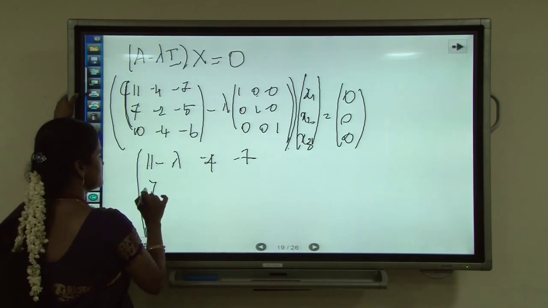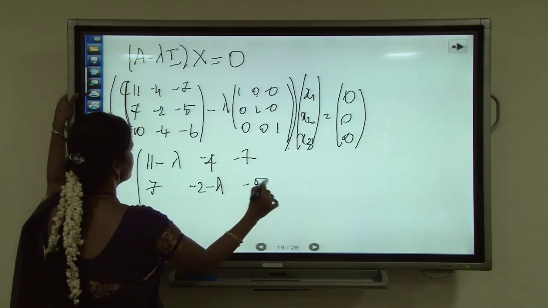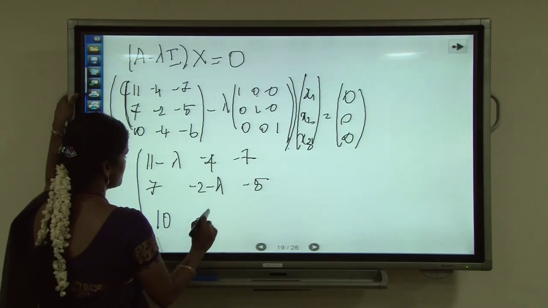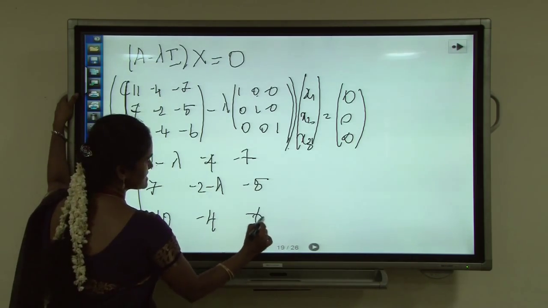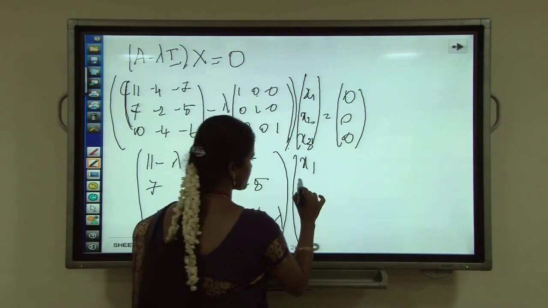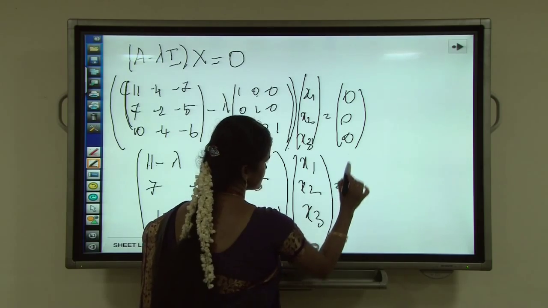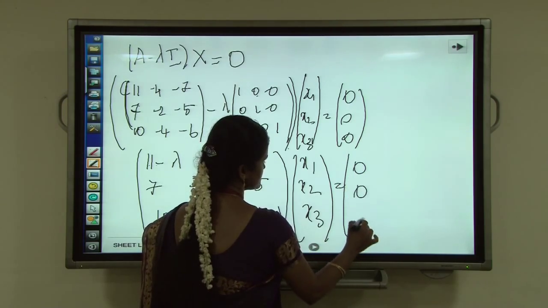So it is 7 minus 2 minus lambda minus 5, 10 minus 4 minus 6 minus lambda of x1, x2, x3 is equal to 0 0 0.